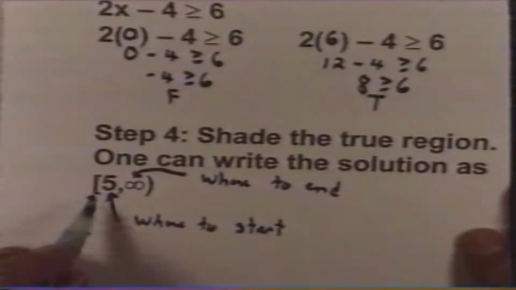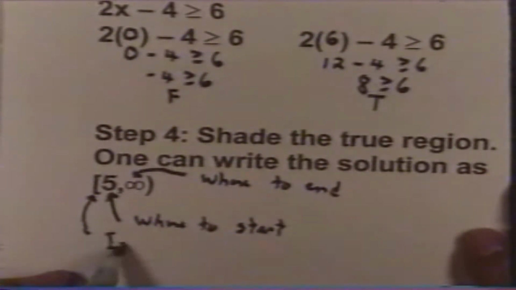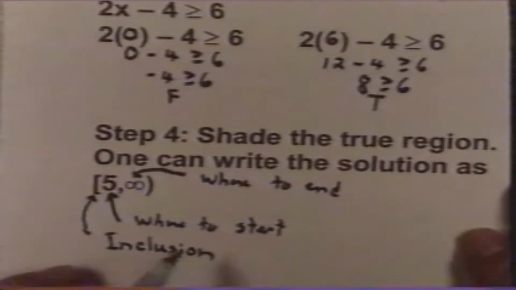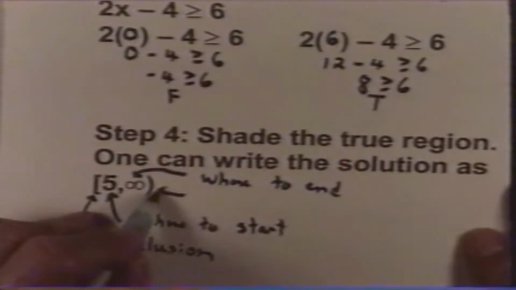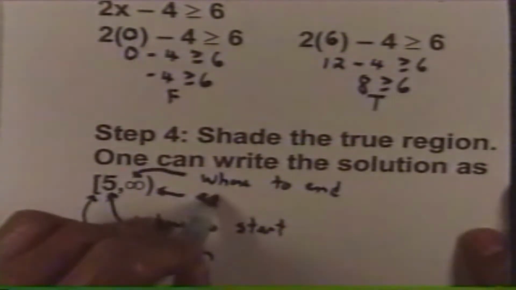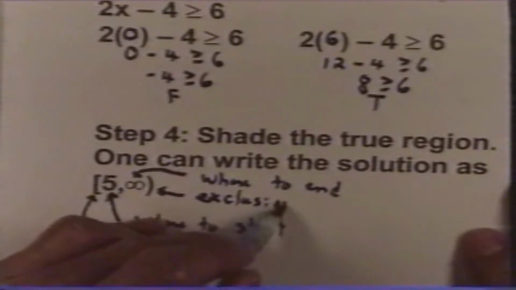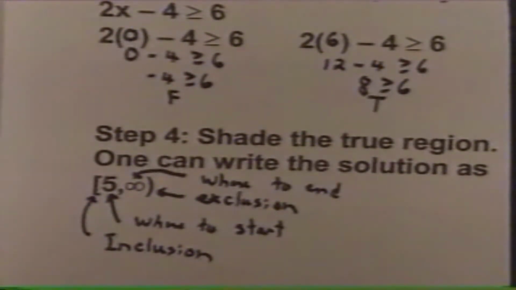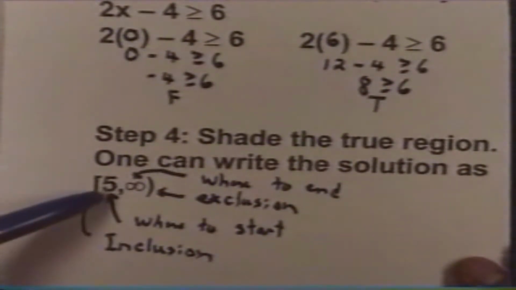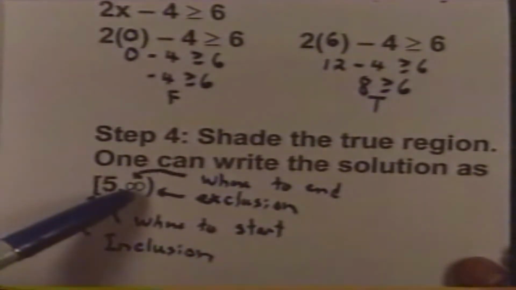A bracket implies inclusion. A parenthesis implies exclusion. So this says start at 5, continue all the way to infinity.